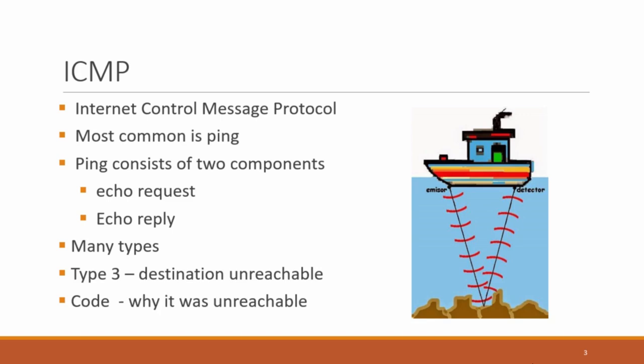One of the most common ones that we will encounter is type 3 destination unreachable code 3. This means the reason it's unreachable is the port's unreachable. We also have type 3 code 13. Code 13 means the packet is administratively prohibited. So as you can see, these types, and especially the code types, can assist us in troubleshooting our network.